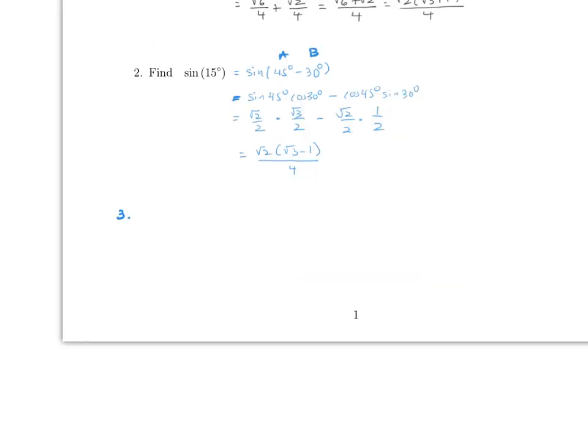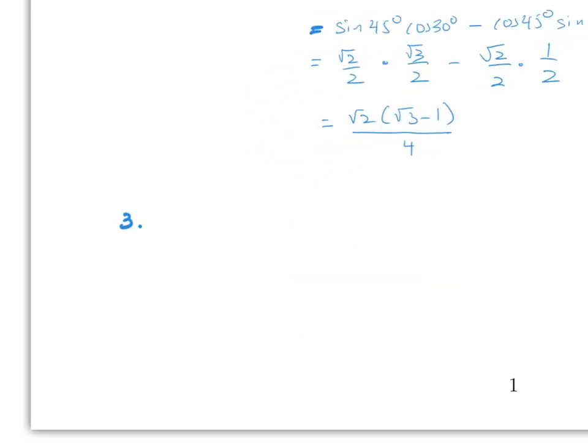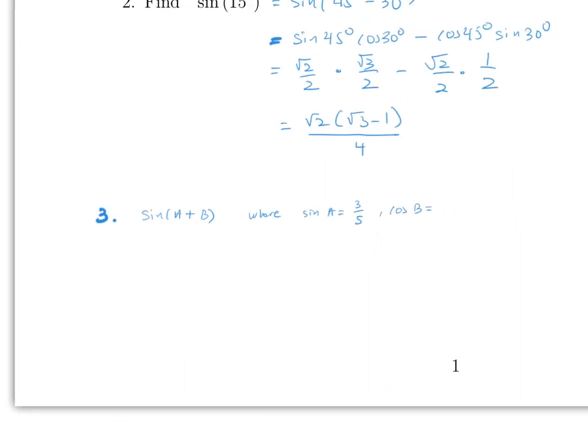Let me add an extra example here. Let's say that I ask you to find sine of a plus b, where, let's say, sine of a is equal to 3/5, and cosine of b is equal to, let's say, 6/10.